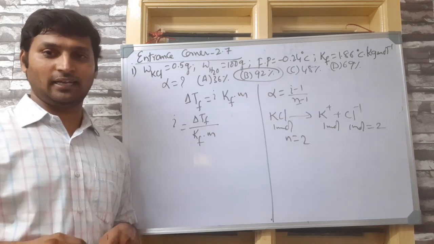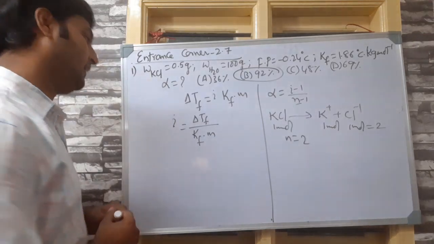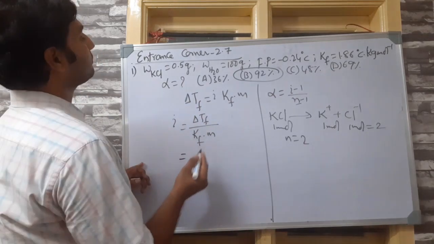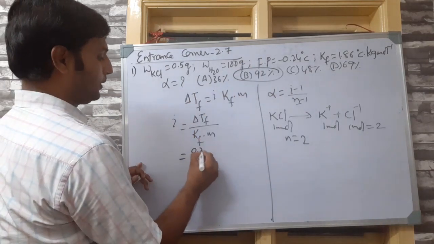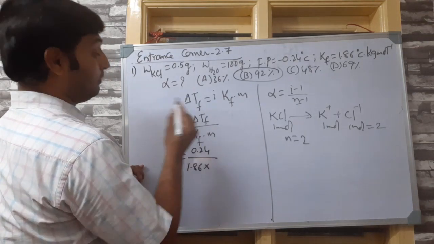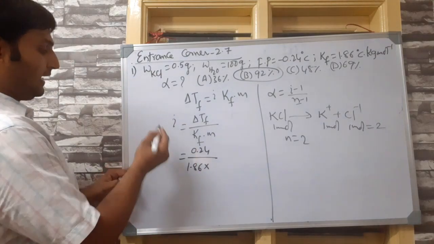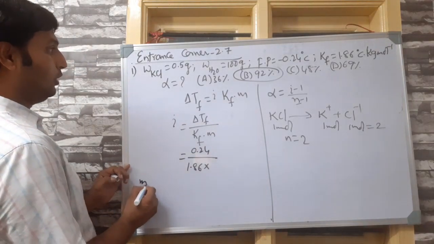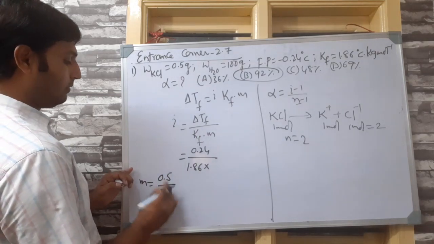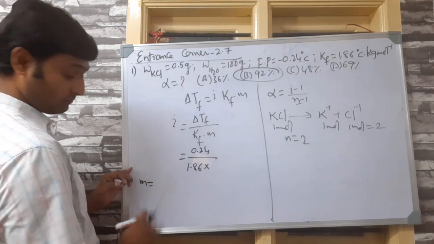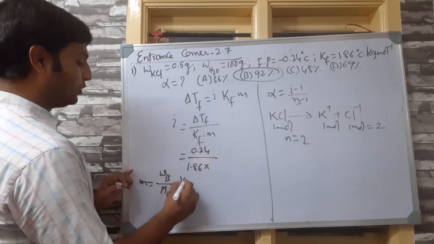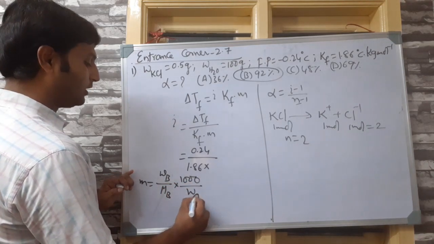But let me get you the answer formally. Okay. See here. Delta TF happened to be 0.24, divided by Kf, which happens to be 1.86. By the way, molality we need to calculate. I will calculate here and then substitute here. Molality is equal to, let me put the molality formula, I don't know, some of you would have forgotten, weight of solute by molar mass of solute into 1000 divided by weight of solvent in grams.